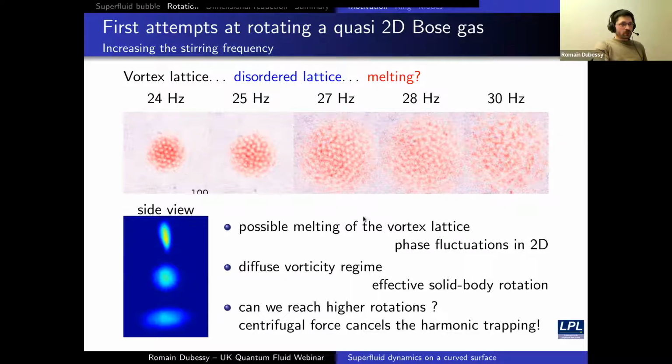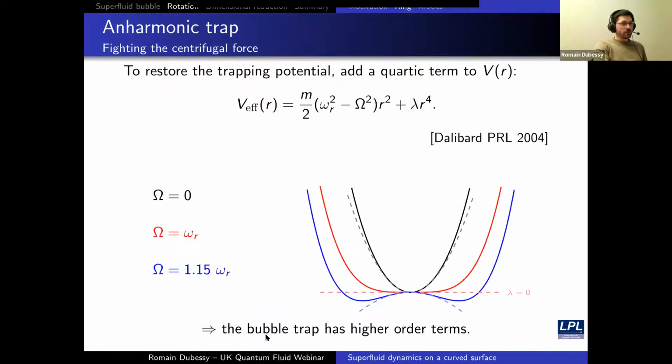And we tried, starting from this last picture, to increase the rotation frequency a little bit more to reach our trap frequency, that is 34 Hertz. So we are still below the trap frequency here. And then we have a problem that is well known in a harmonic trap: if we rotate too fast, we start to cancel completely the harmonic trap.